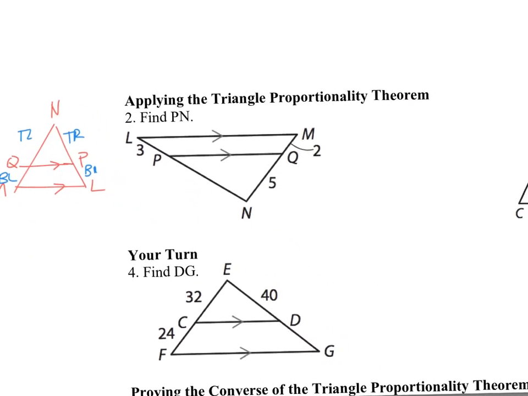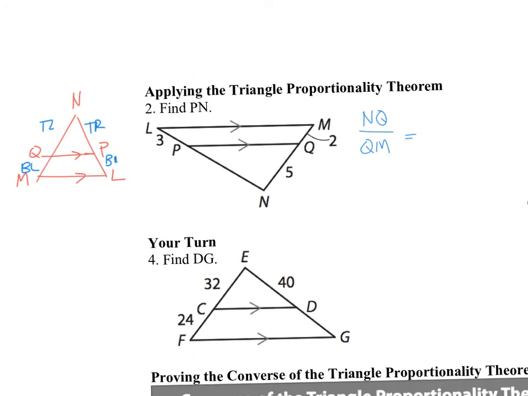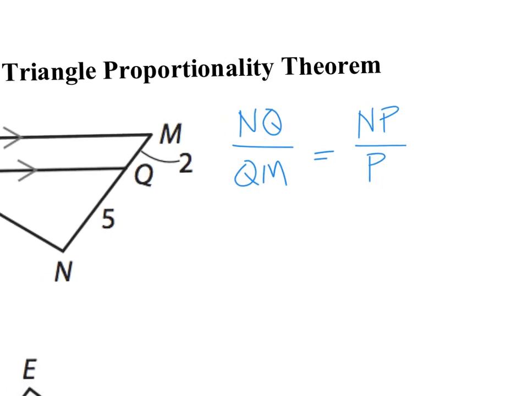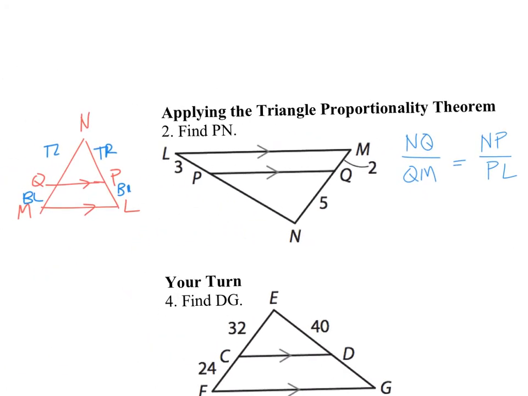So using the triangle proportionality theorem, we're going to have NQ over QM equals our top right, which is NP, over PL. Top right over bottom right.